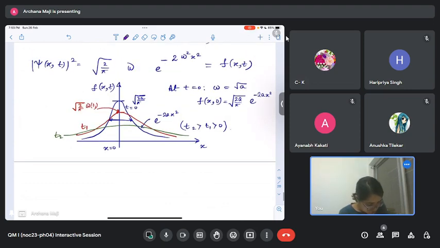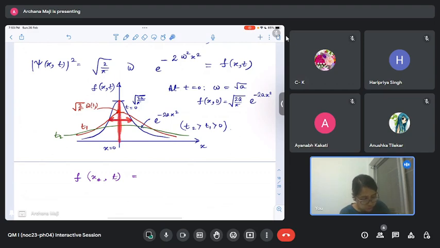So let's say at x star, at some time t. What do we mean by full width at half maxima? Suppose this is half the maxima.